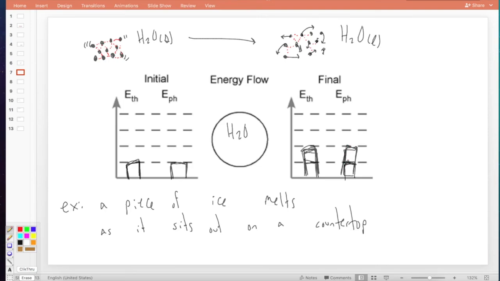I guess you could say 2 bars of this potential energy. And again, why are we talking about that potential energy? Because it's not enough. Here in this example where we have a change of phase from solid to liquid, it's not enough to just talk about the thermal energy. We have to see what's happening with the arrangement of the particles, with the potential energy of the particles.